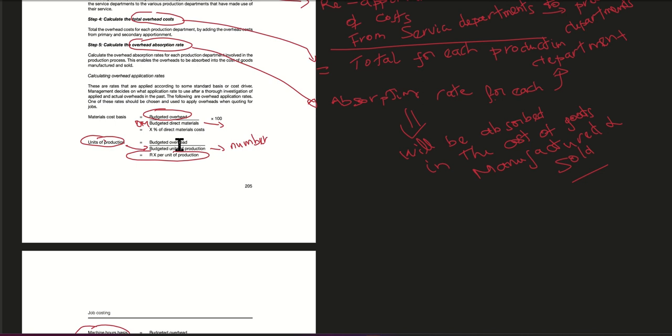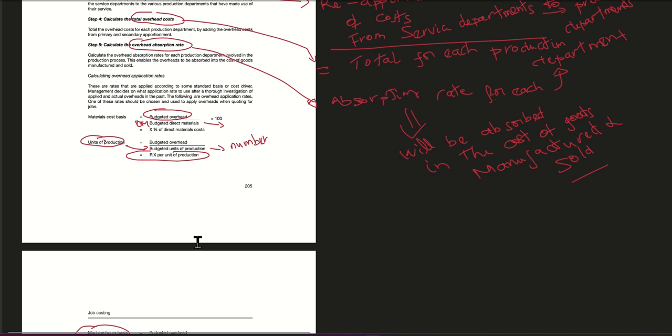And that will provide us a rate, because we're going to times it by 100, so we get an X percentage of direct material cost. So this could be a way that we allocate the overhead cost, right?